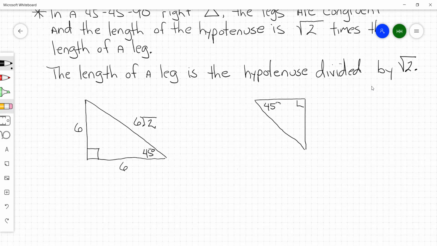So let's say we get this triangle and we get one leg. That's 9 times square root of 2. All right, since it's a 45, 45, 90, we know that both of the legs are congruent. So this leg on the right is 9 radical 2.